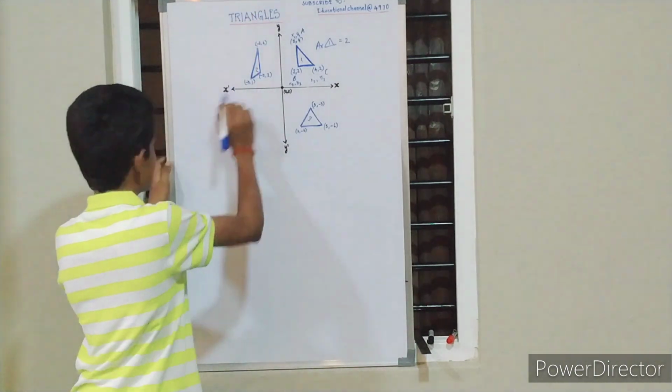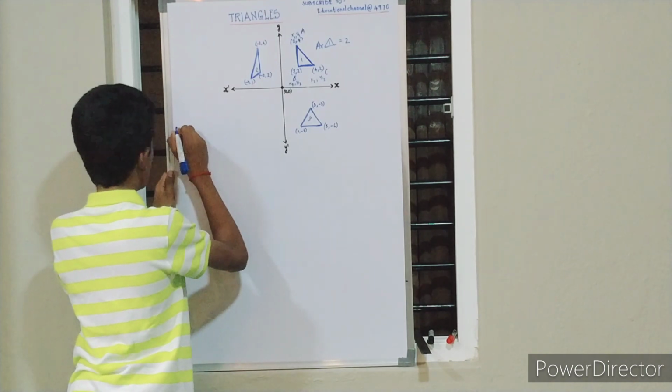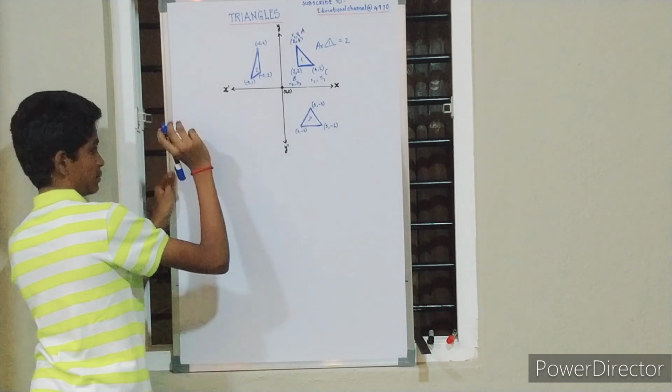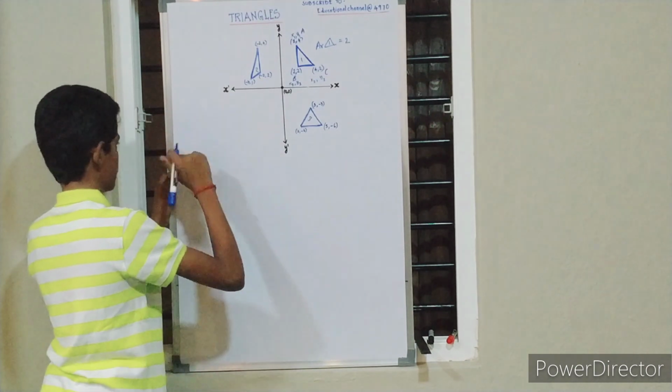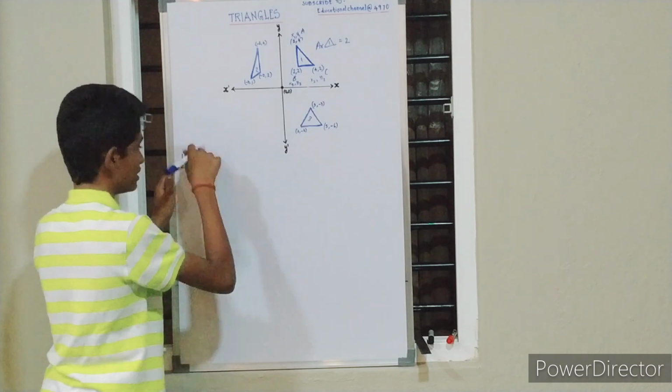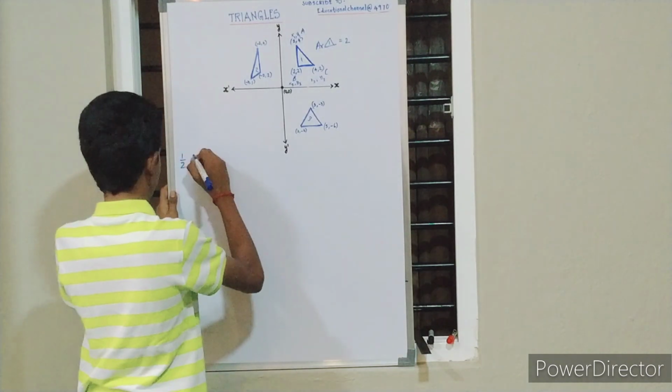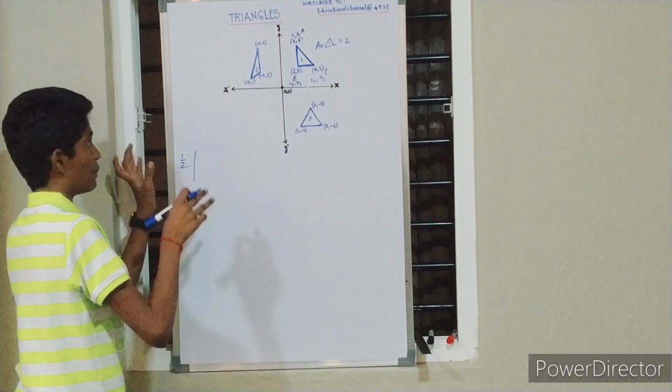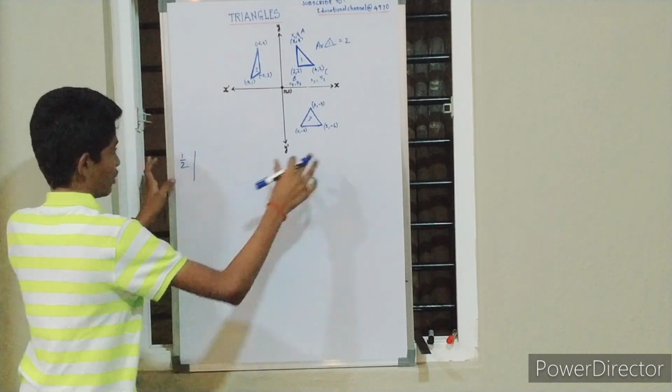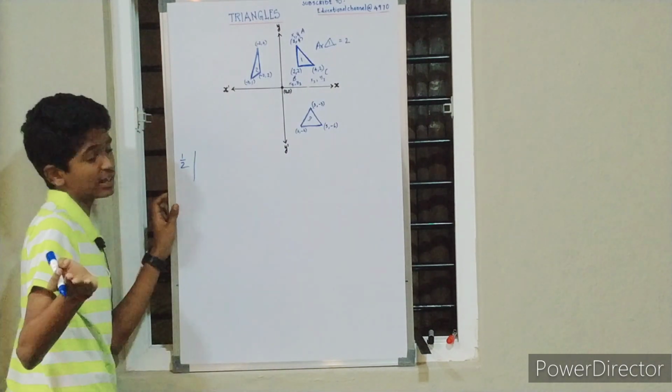Okay. So the second one, half of. I am writing here so that you can see. Half of x1 minus x2, or else I will write the formula here separately so that we can refer easily.